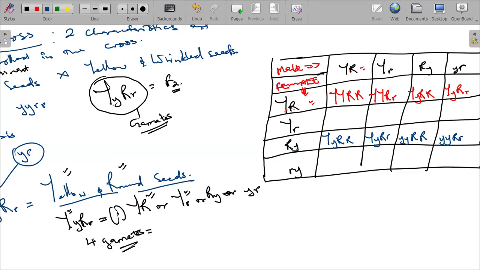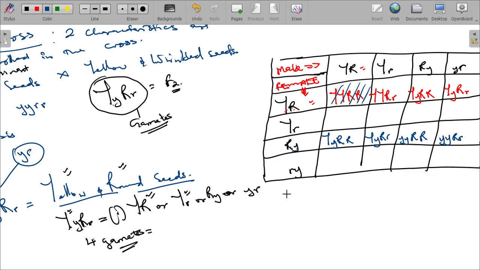Just to present to you again some of the key areas that you should know. You should be able to interpret the meaning of these. This would mean yellow round. Now this box, we take each combination of the alleles that are there and interpret them.